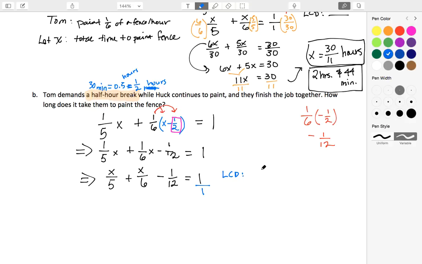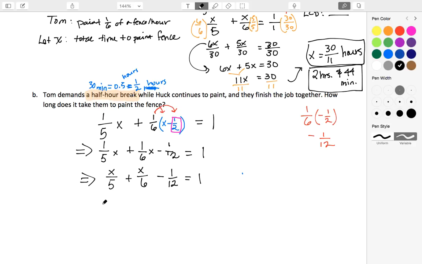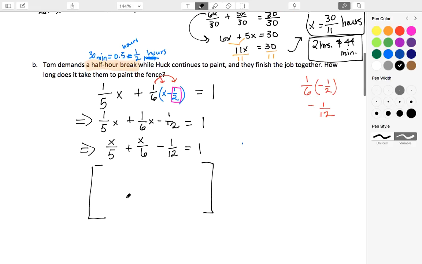Some people may like this method and go ahead and solve, and other people may just add 1/12 to both sides and then solve. I'm going to let you choose your method, because this is the piece where you get to be creative. So I'm going to leave space here for you to figure out how to find the value of x.